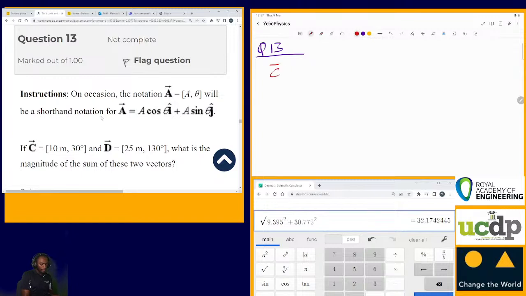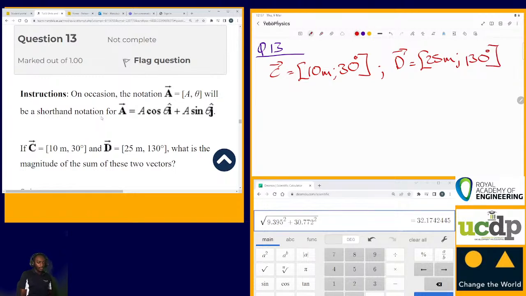Vector C is given as 10 meters in the direction 30 degrees, and vector D is 25 meters in a direction of 130 degrees.